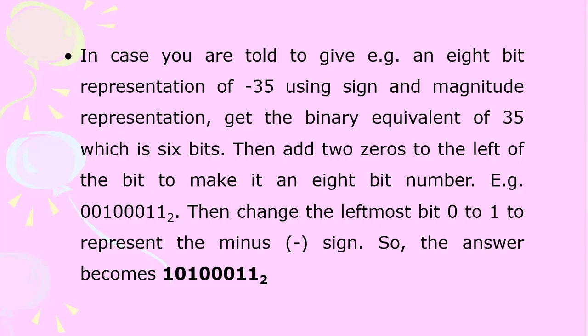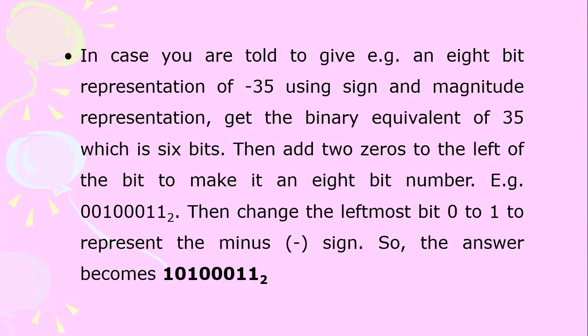For example, because we have gotten our binary equivalent of 35 being 1, 0, 0, 0, 1, 1 binary, but we are requested to represent this number in its equivalent 8 bits, then we add 2 zeros on the leftmost side of the number, which gives us 0, 0, 1, 0, 0, 0, 1, 1 binary.